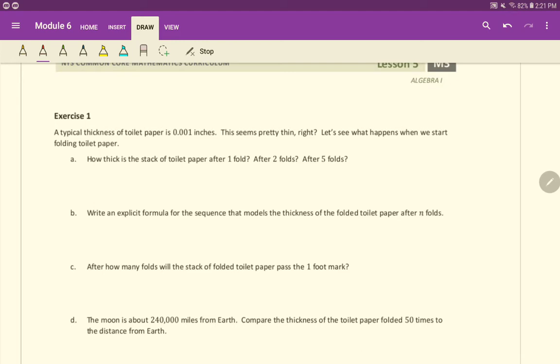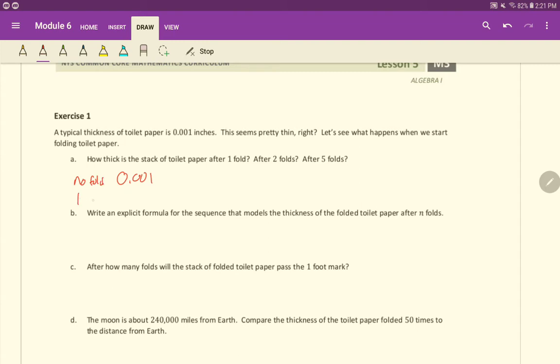Okay, so in letter A, it says, how thick is the stack of toilet paper after 1 fold, after 2 folds, and then after 5 folds? So let's take a look at that, right? There's our no fold.